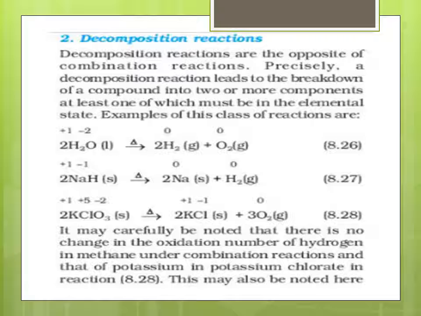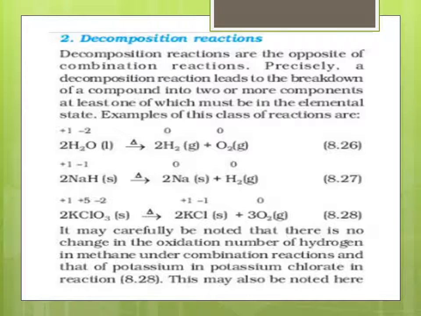So when H2O changes to H2 and O2, it decomposes. H has plus 1 oxidation state, O has minus 2. As H2 is a diatomic molecule, H2 will be taken as 0, as all gases are taken as 0. O2 is 0.